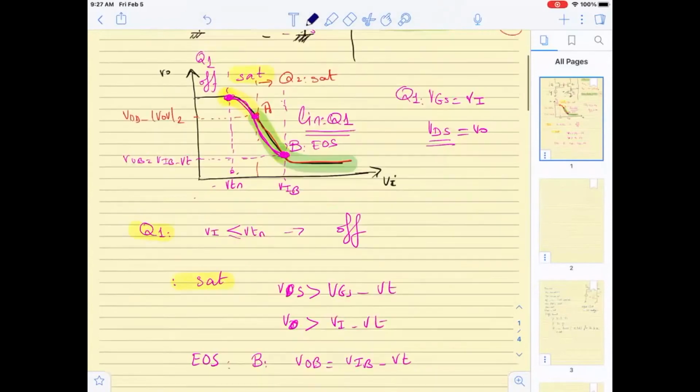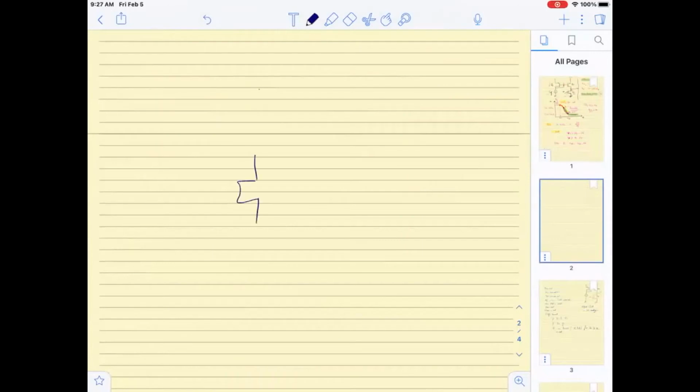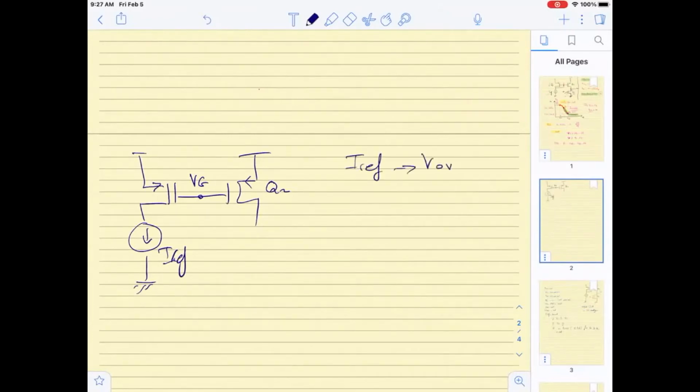For the current mirror circuit, we said I have transistor Q2, right? And we said that this gate voltage is fixed by virtue of I reference, right? And this fixed I reference is going to give me a solution for VOV for transistors 2 and 3, right?